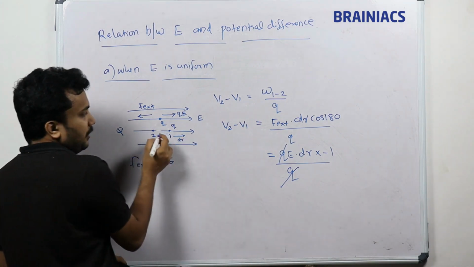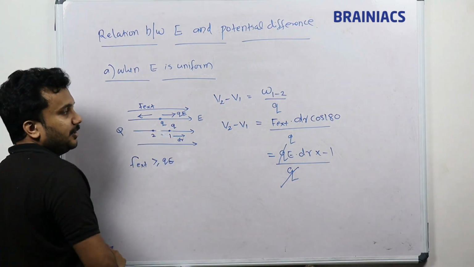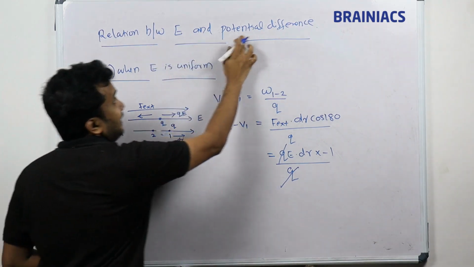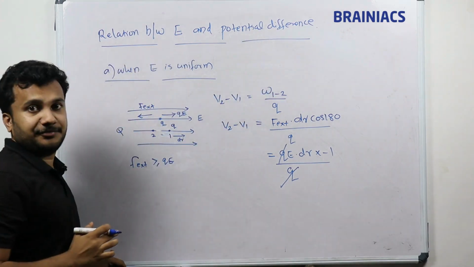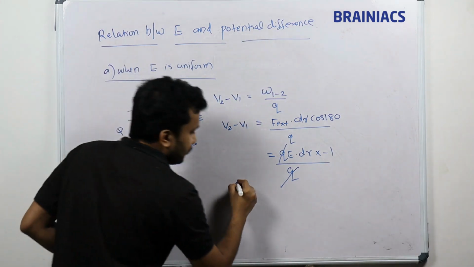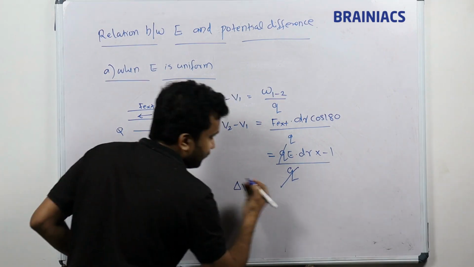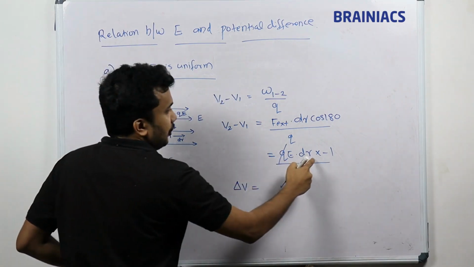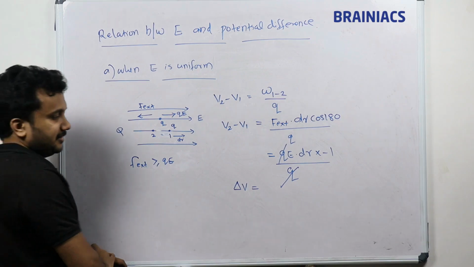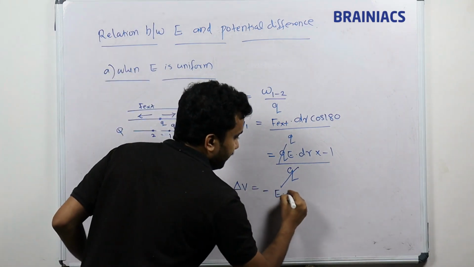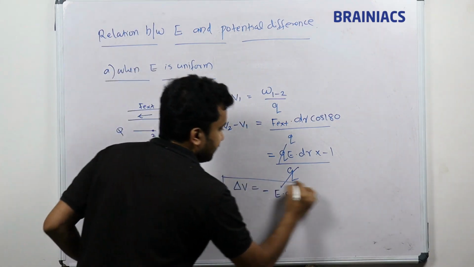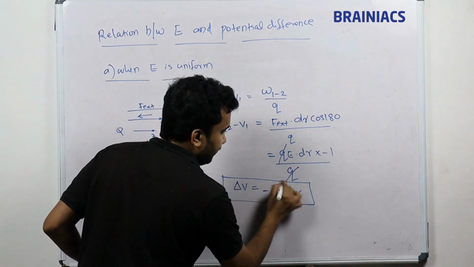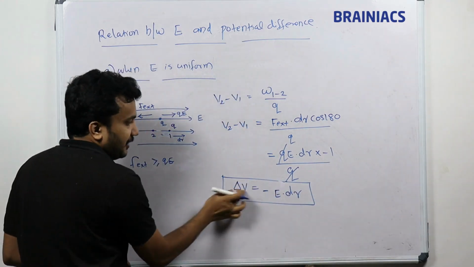This V2 minus V1 is the potential difference between the 2 points, right? I have written a heading called difference. Difference means the change. So I write delta V is equal to minus of E dot dr. This is the relation connecting the potential difference and electric field.